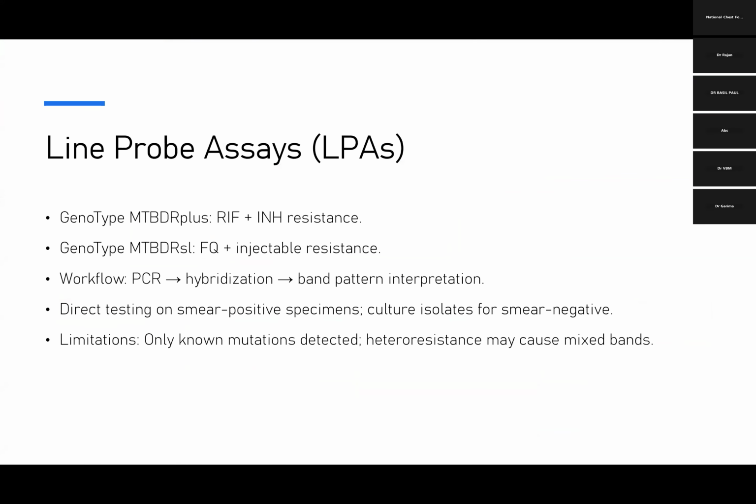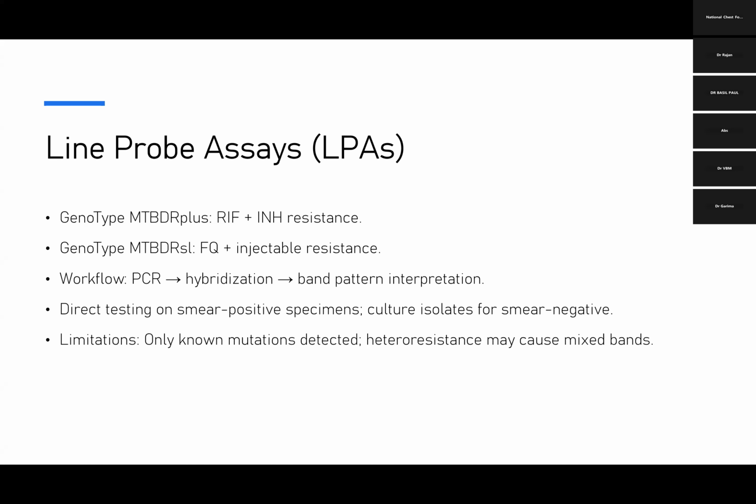Now coming to the important topic, the line probe assays. These are basically newer tests which can help in genotypic testing of the resistance pattern. There are two: Genotype MTBDRplus, for rifampicin and isoniazid resistance, and Genotype MTBDRsl, for fluoroquinolone plus injectable resistance. The principle is similar to CBNAAT.